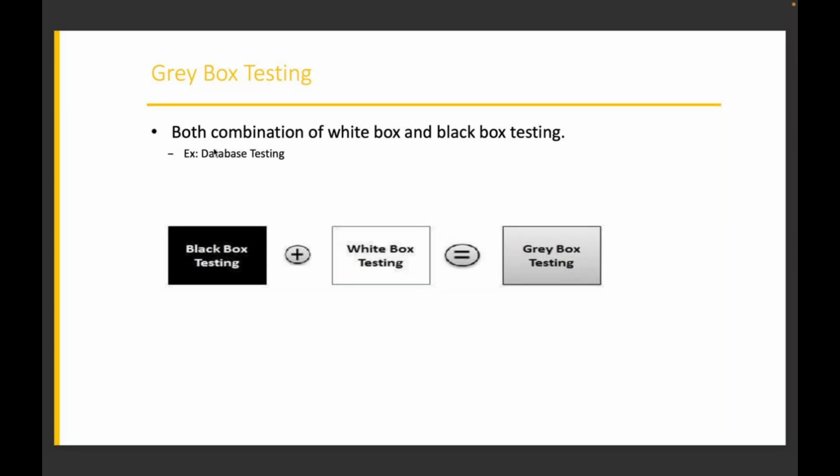Based on that query output, you will validate whatever output you are getting against the input you sent along with your API and UI screens. You will compare those values. If those are matching, then the gray box testing is passed. So database testing is an example of gray box testing, guys.